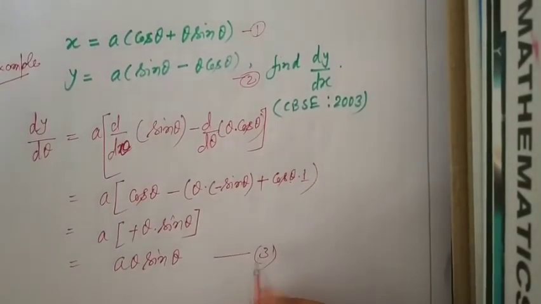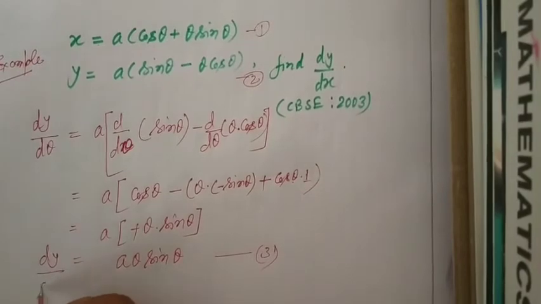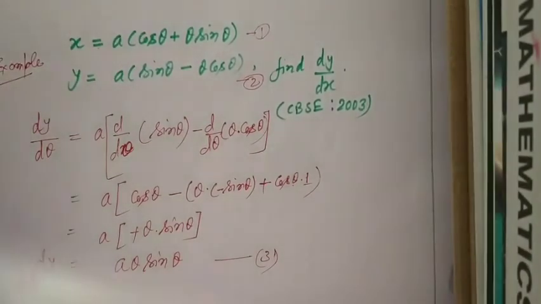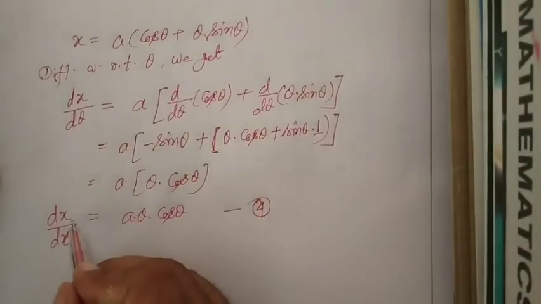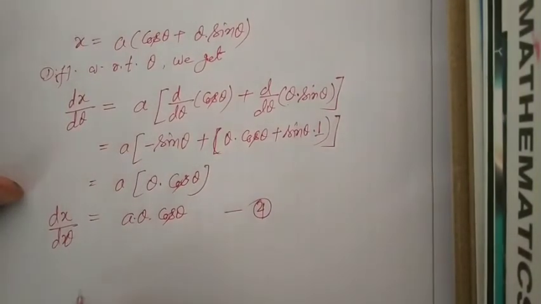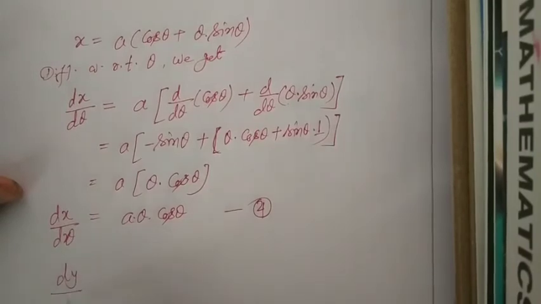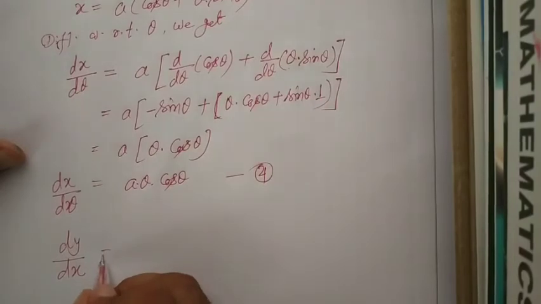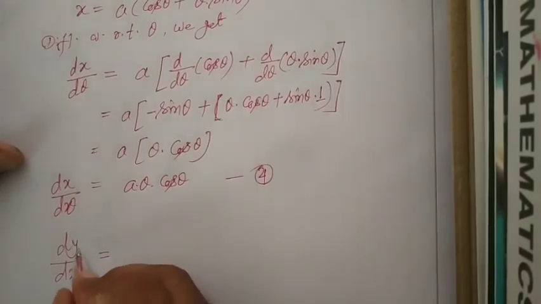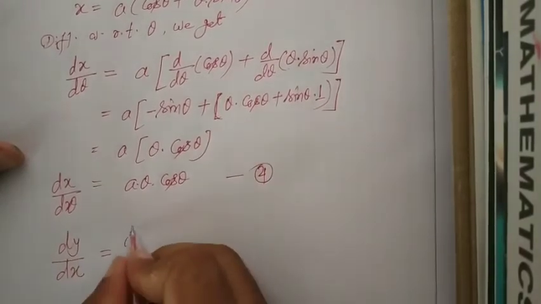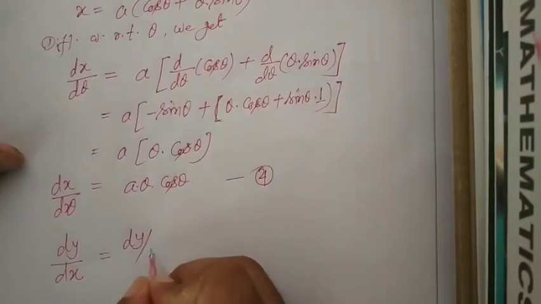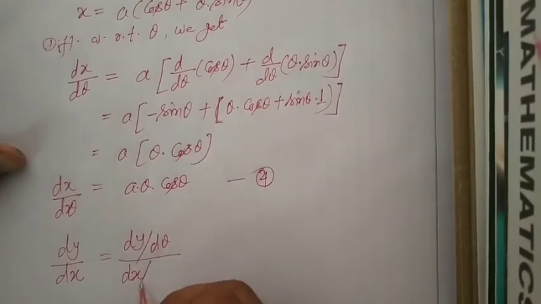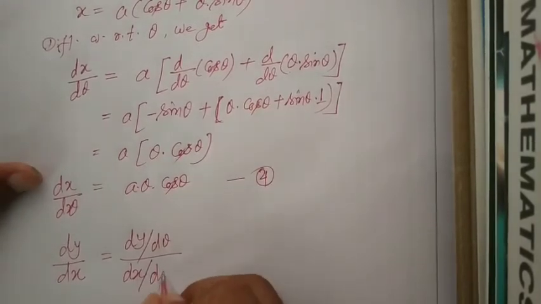So equation third gives the value of dy by d theta, the derivative of y with respect to theta, and equation fourth gives the derivative of x with respect to theta. We have to find dy by dx. How do we find it? We have seen that in parametric form, whenever we have to find dy by dx, the derivative of y with respect to theta has to be taken as a ratio with the derivative of x with respect to theta.